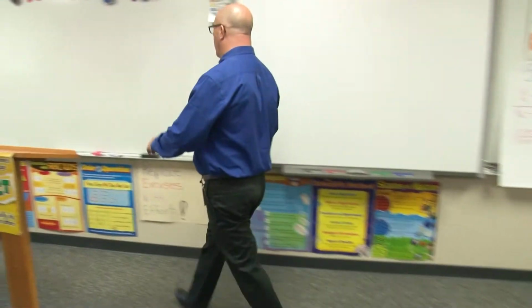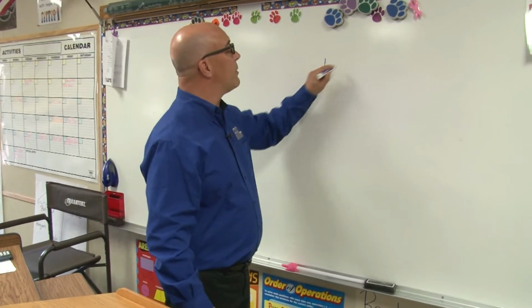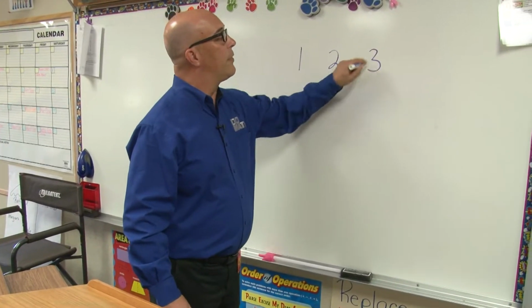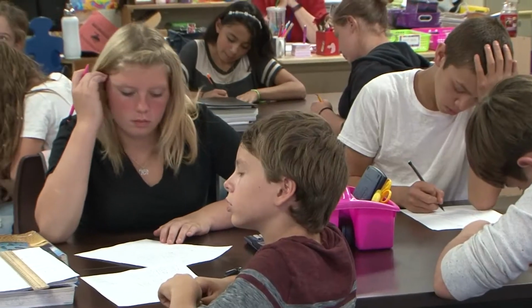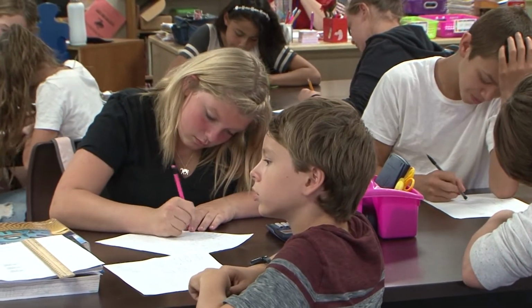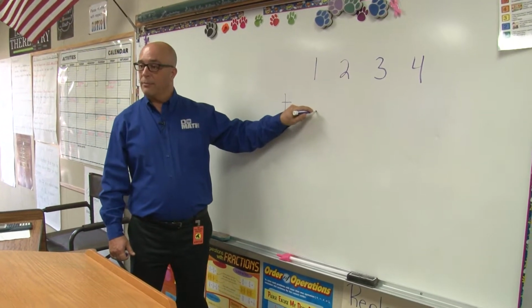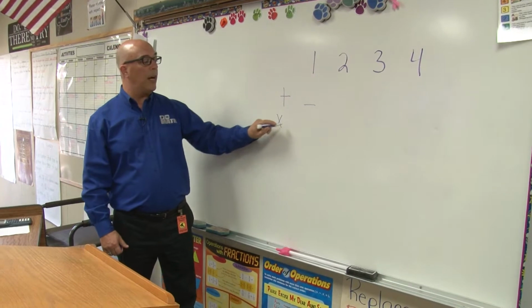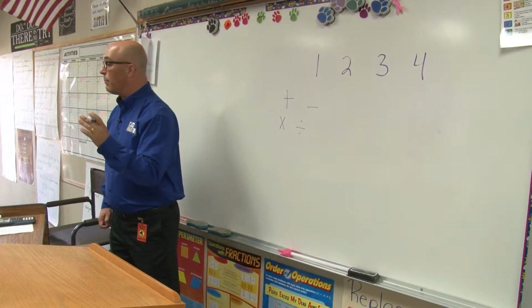So here's what I want you to do, okay? On your paper, you have to have the numbers 1, 2, 3, and 4, okay? Put a little bit of space between them, all right? And you can either add, subtract, multiply, divide, or use other mathematical operation symbols.